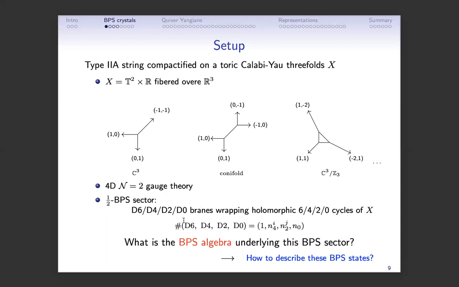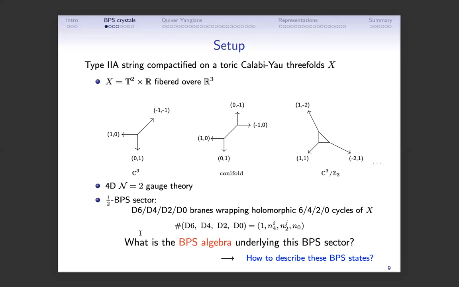Here we consider the case where there's only one D6, and generic D2 and D0. Most of the talk I will consider the case where there is no D4 brane, and actually having D4 branes corresponds to a truncation of the algebra.